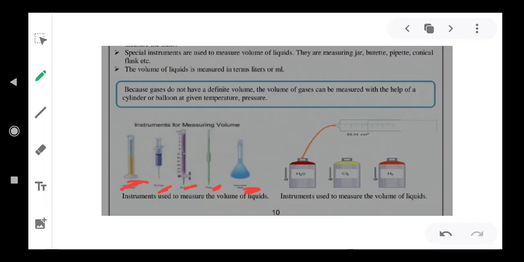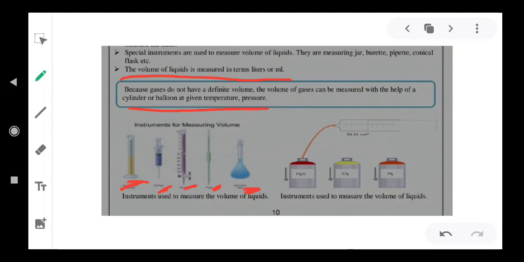For gases we take other instruments used to measure. The volume of liquids is measured in terms of liters or milliliters. Because gases do not have a definite volume, the volume of gases can be measured with the help of a cylinder or balloon, at given temperature and pressure.